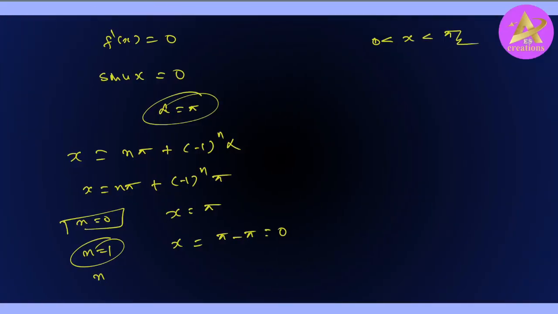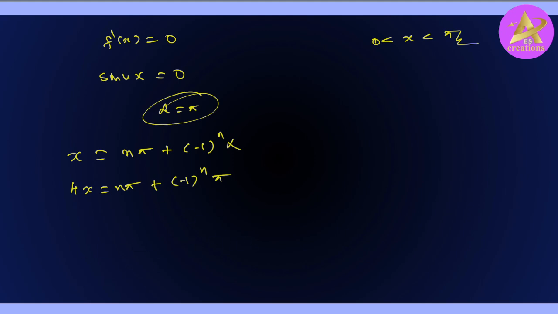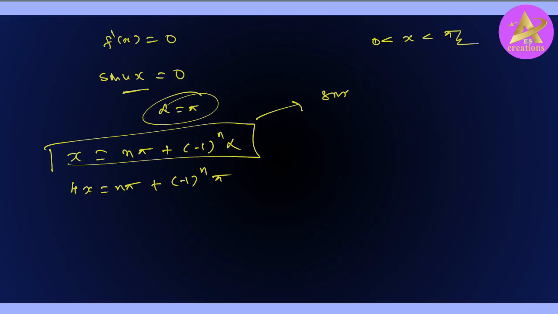We are finding 4x, that means you have to divide by 4. For sine x equal to sine alpha, x is given like this, but for 4x we have to write like this. That means we have to divide by 4 on both sides. We get x equal to n pi by 4 plus minus 1 power of n pi by 4.